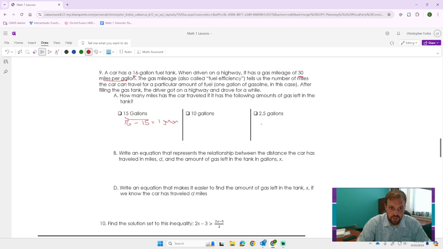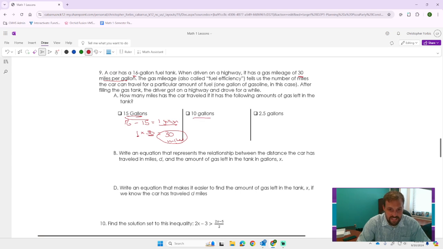Okay. So if there's 15 gallons left in the tank, and we started off with a full tank, we've only used 1 gallon. And we got 30 miles for every gallon. So we used 1 gallon, that's 30 miles per gallon, so we have gone a total of 30 miles.